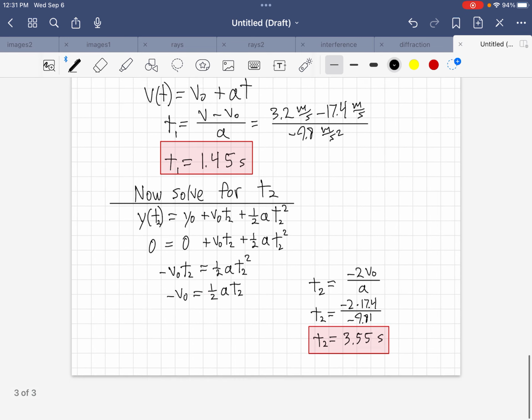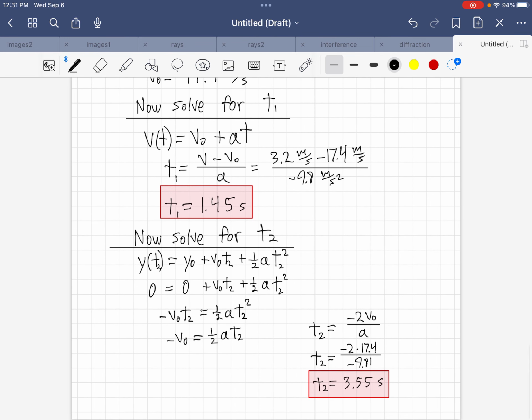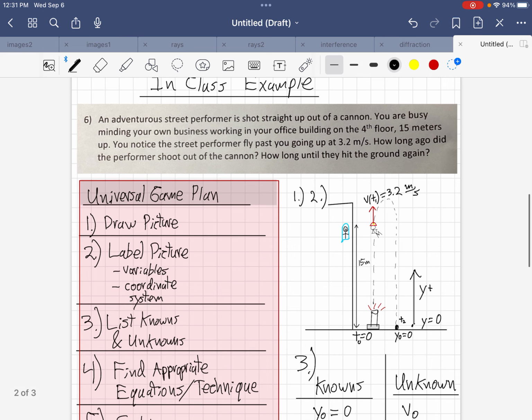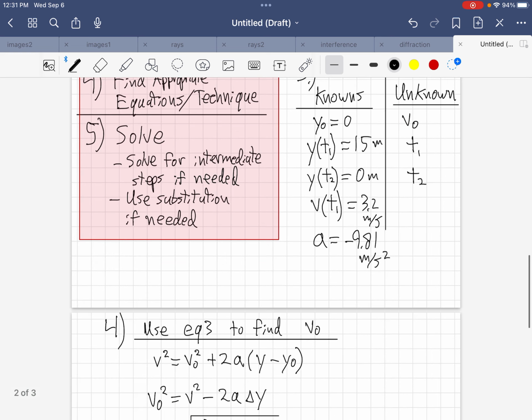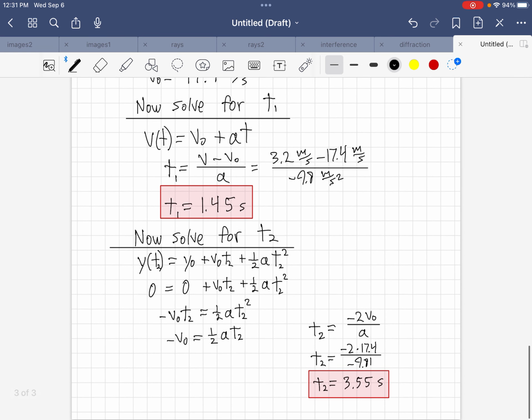So this final time I found is in reference to when the cannon was fired. So if we actually wanted to solve for how long until the Circus Performer hits the ground again, we would just subtract 1.45 from 3.55, right?